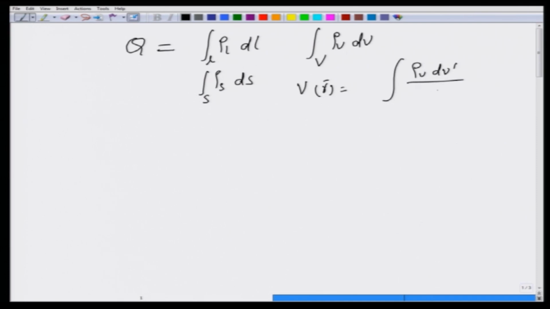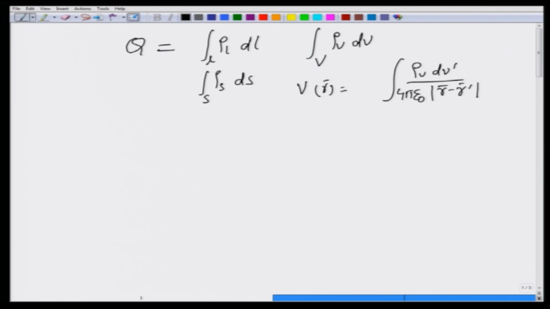Remember, there is a radial distance from the source point to the field point. So, this would be the expression for potential, assuming that I have already chosen a point of constant potential. Okay. So, this is the expression for the potential of a continuous charge distribution.